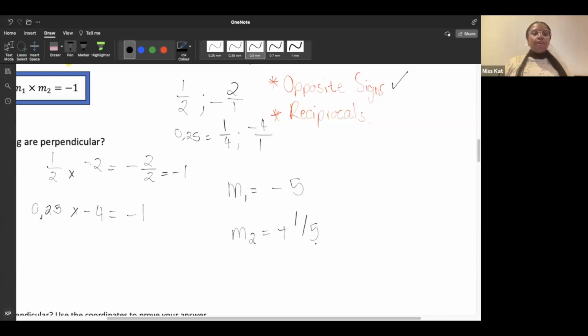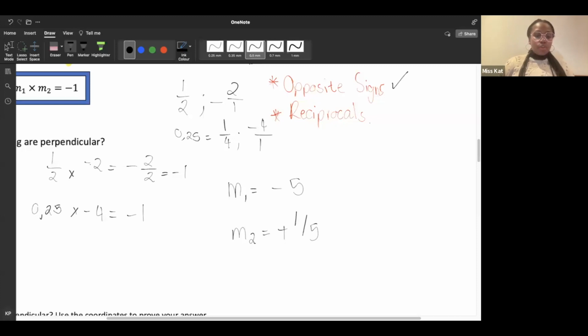So we know for a fact that these two gradients, their lines are perpendicular. Do we get it, guys? Are we feeling a bit better about this now? We are about to practice a little bit, but I want to know how everyone is feeling about it. Kwezi, you need to ask a specific question. Don't cry. We can all do it. Come on.